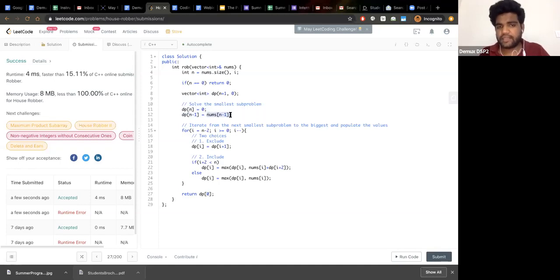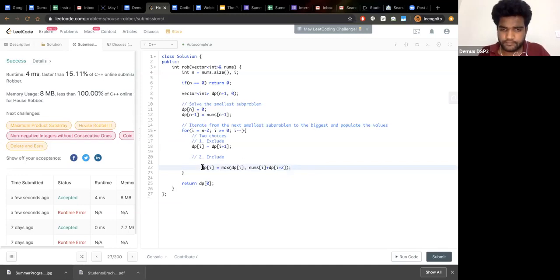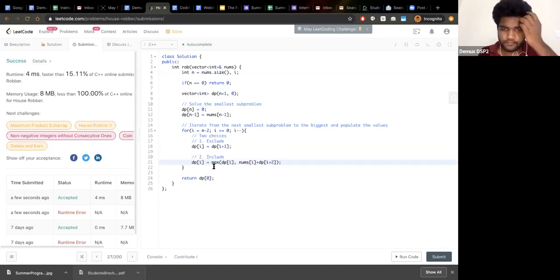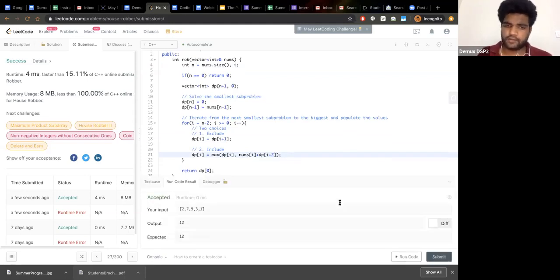So that will be nums n minus 1. And then you could simply have excluded this and just did this. Then that would also have worked.